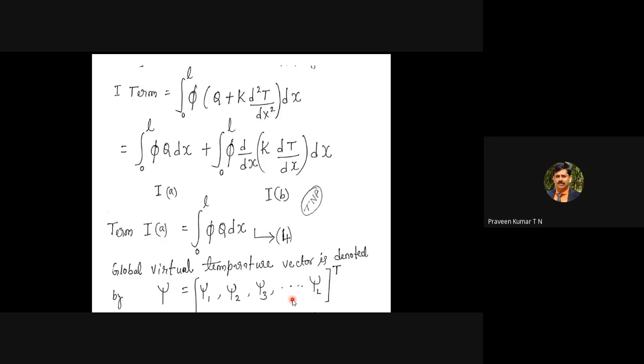That assumed temperature is xi1, xi2, xi3, xi4. In a simple way, the actual temperature may be referred to as T1, T2, T3, T4. The virtual temperature, as the name suggests, is not an actual temperature. The virtual temperature function is given by xi1, xi2, xi3, xi4 transpose, because temperature is always a column vector.